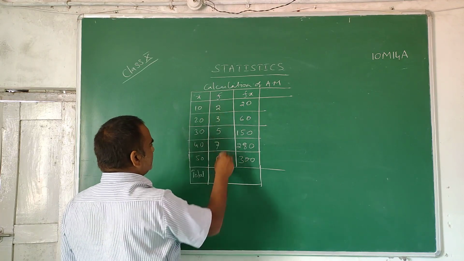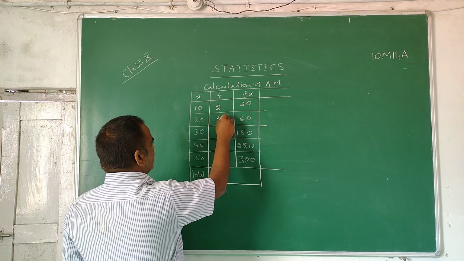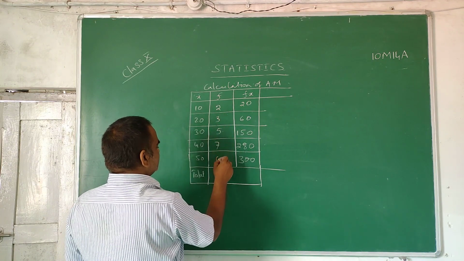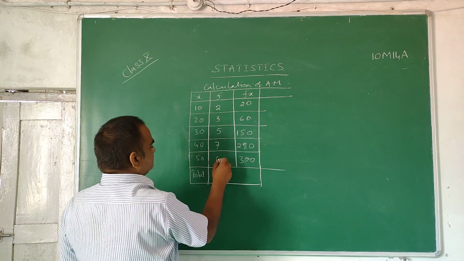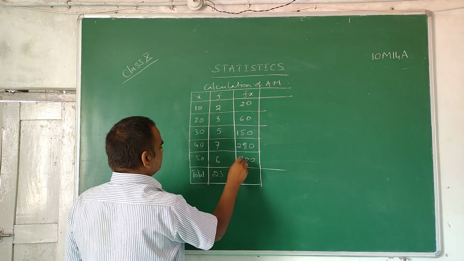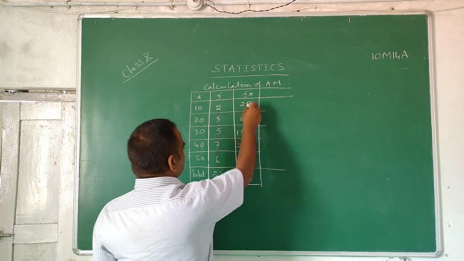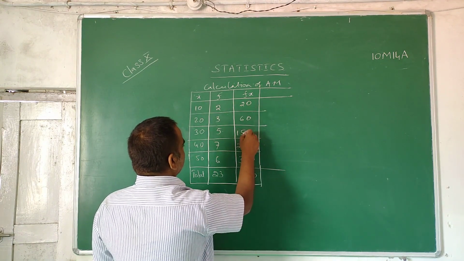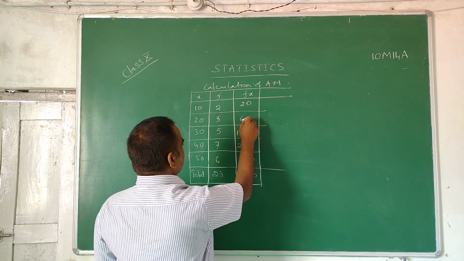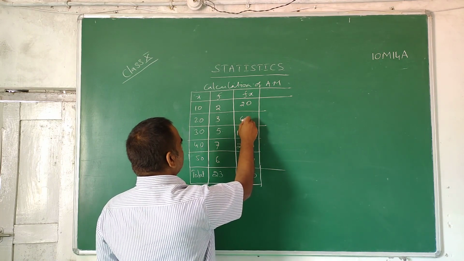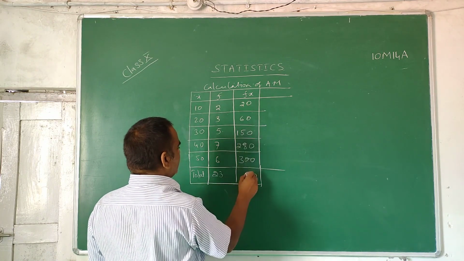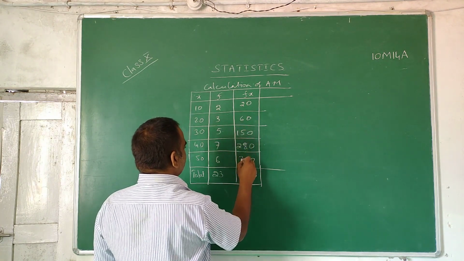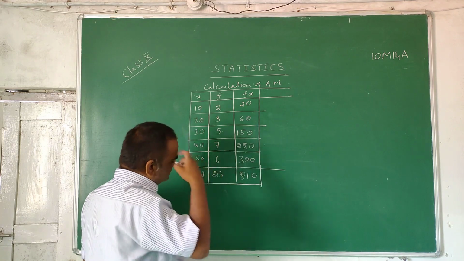Add all the frequencies: 2 plus 3 is 5, 5 plus 5 is 10, 10 plus 7 is 17, 17 plus 6 is 23. Now add all the products: 0, 8, 8 plus 5 is 13, 13 plus 6 is 19, 19 plus 2 is 21, 2 plus 1 is 3, 3 plus 2 is 5, 5 plus 3 is 8. So this is 810.